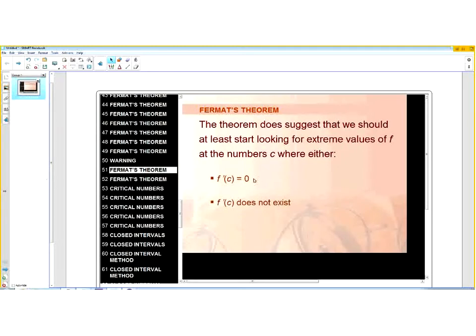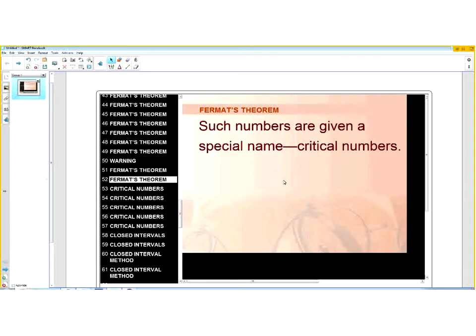The numbers where c makes f prime of c equal to 0, or where f prime of c does not exist, are called critical numbers.